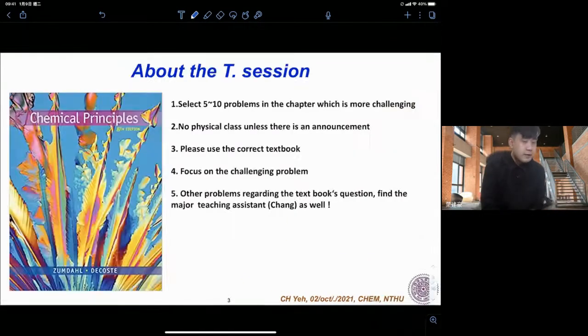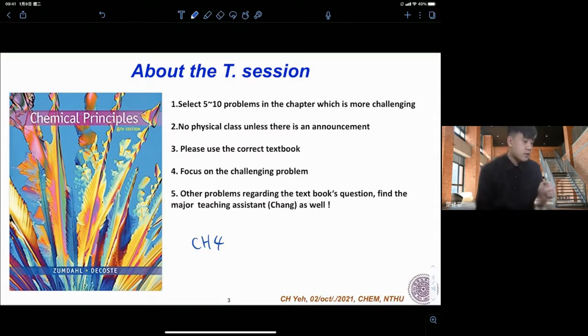Okay, about the TA session. In each chapter, I might select 5 to 10 problems. For example, later on I'll talk about the fourth chapter, and I select about 5 problems. So in each chapter I will talk about maybe 5 to 10 problems, which are more challenging.